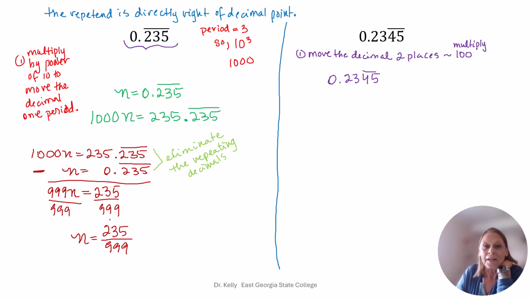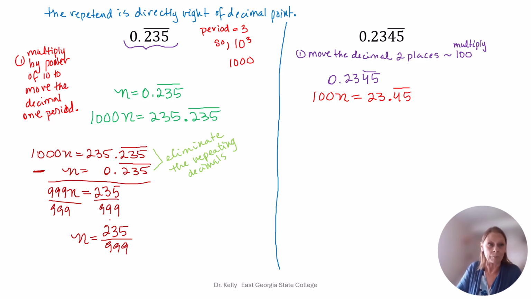Sorry, I typed it up a little bit differently than my example in my notes, but that's okay. We'll go for it. So here, what we need to do is multiply this by 100. If this is n, then 100n is equal to 23.45 repeating.